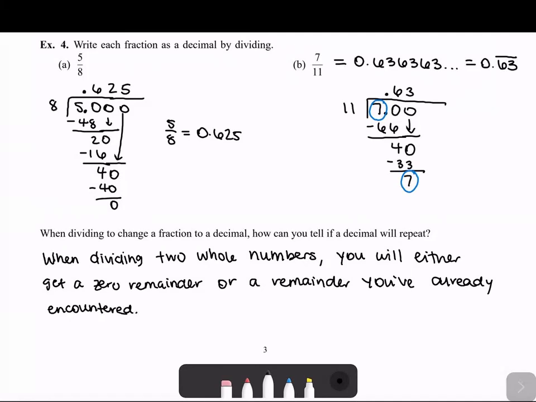Okay, so these are the cases for a terminating decimal here on the left or a non-terminating decimal here on the right. As soon as you have a repeating remainder, you have a repeating decimal.